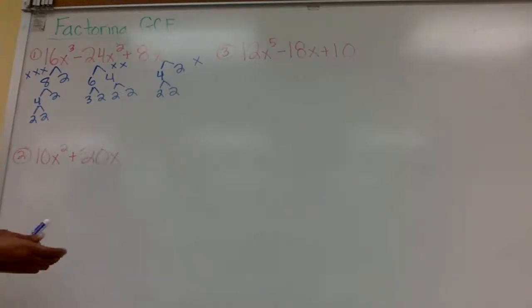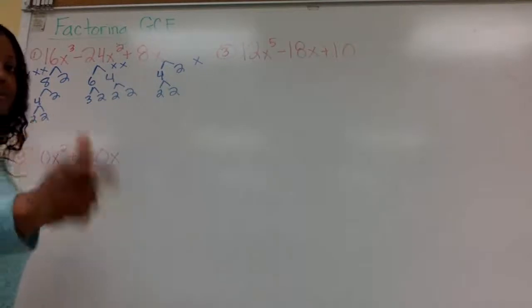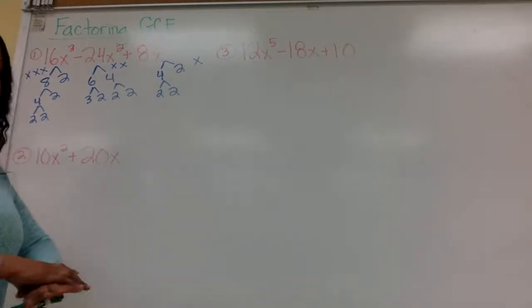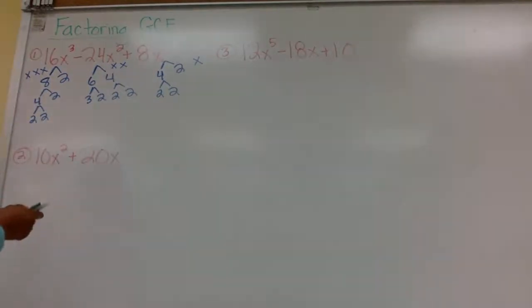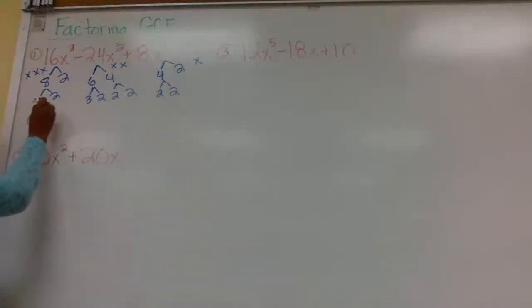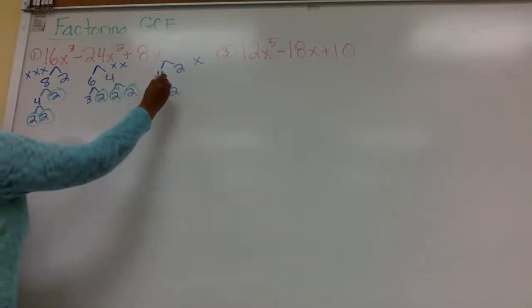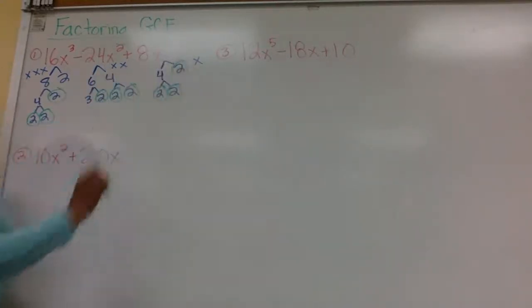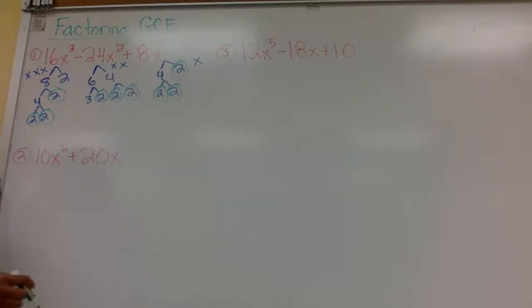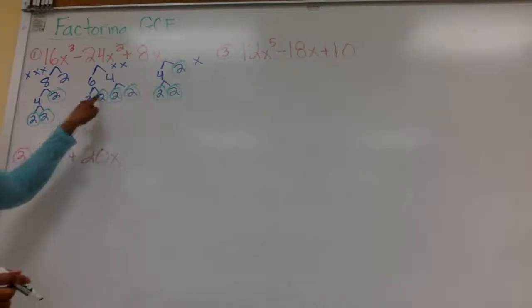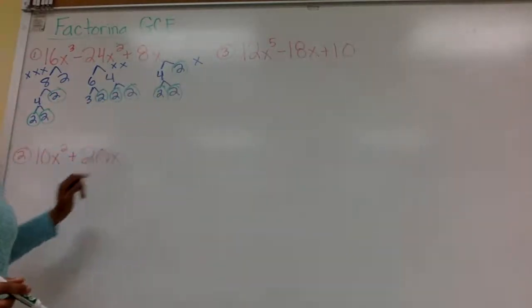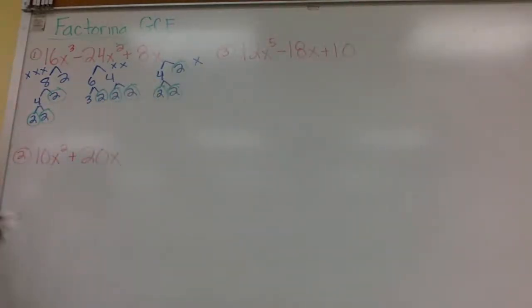Now I'm going to circle everything that they share, whether that's numbers, variables, or both. I see that we have a whole bunch of 2's. They each share 3 2's.